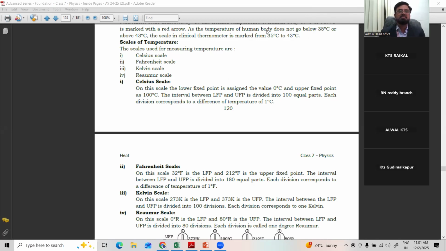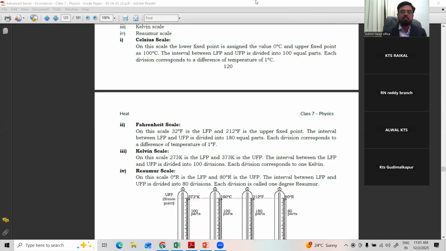Now we'll see a little explanation along with the diagram. So what is the Celsius scale? On this scale, the lower fixed point value is 0 degrees Celsius and the upper fixed point value is 100 degrees. The interval between the lower fixed point and 100 is divided into 100 equal parts, 0, 1, 2, 3, 4, 5, 6, 7, 8, up to 100.